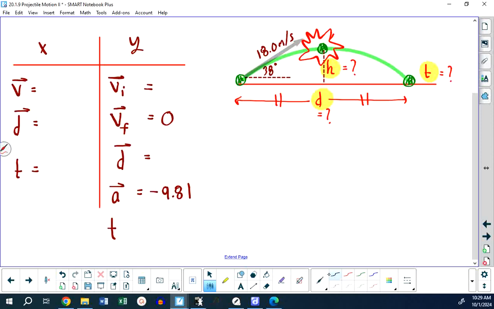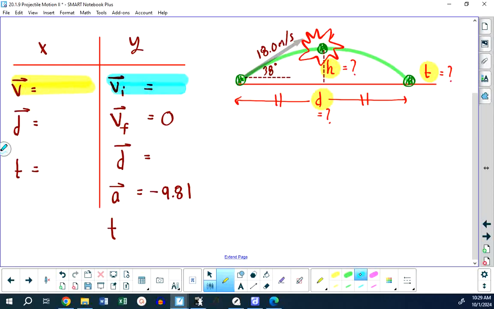Sam, we had this conversation a couple weeks ago about just vertical motion up and down, and it's always best, if it's up the same amount as it is down, to just go with half the trip. Then you can say vf is 0 somewhere. The issue is this 18 does not go here or here.